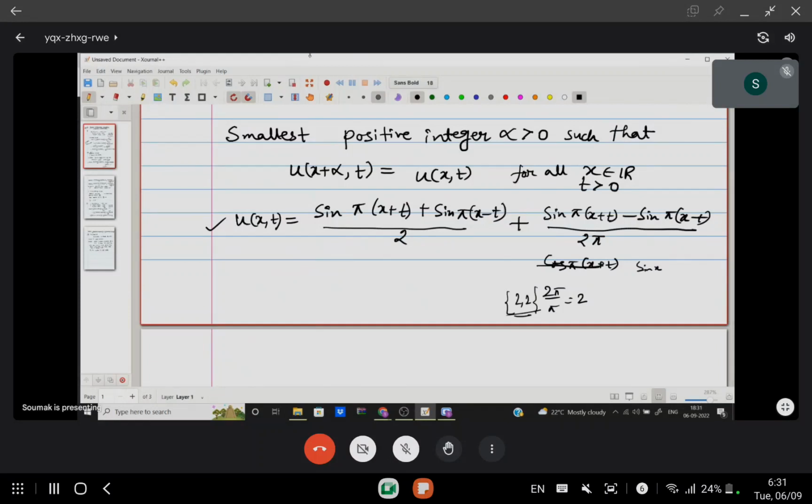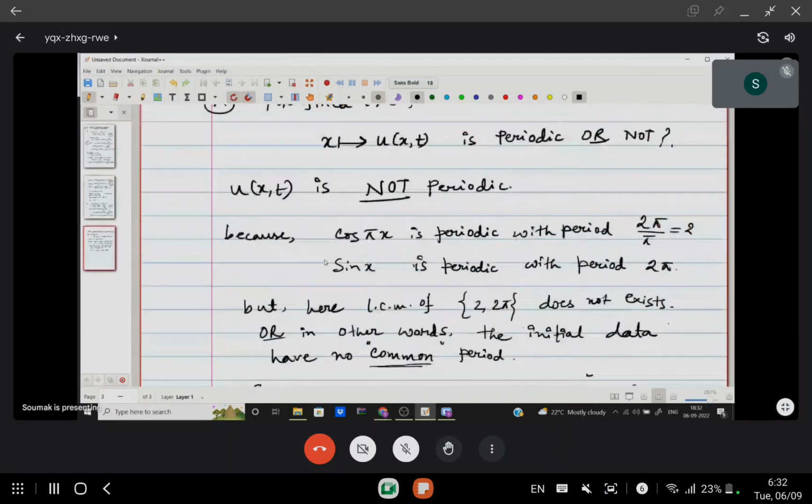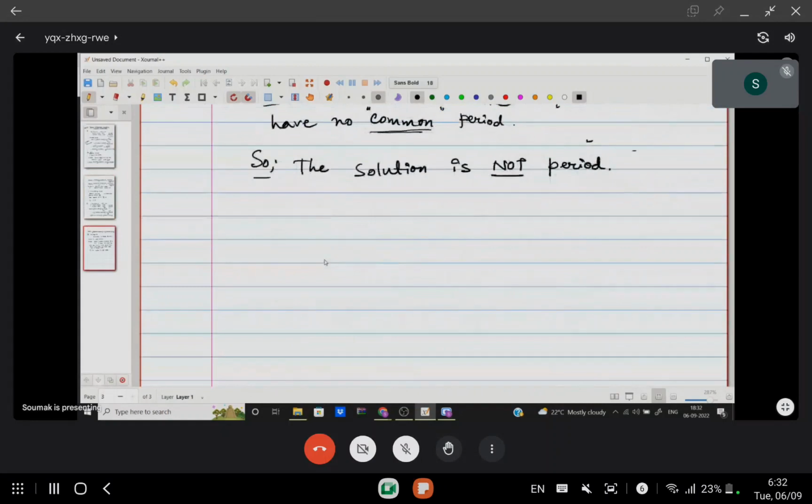Okay, Nitish. Is that 4 pi? What are you telling? Your voice is breaking. Can you please write in the chat box so I can see?